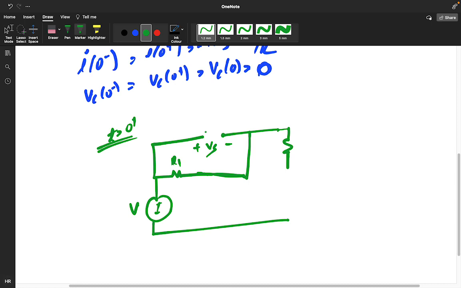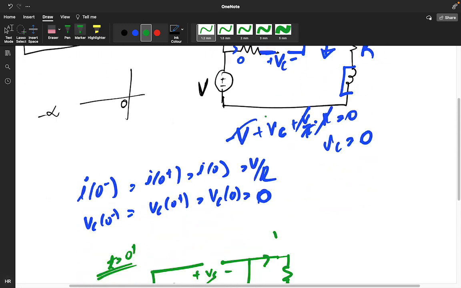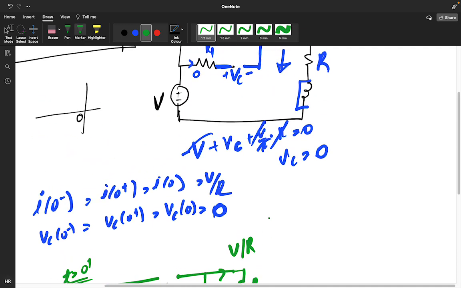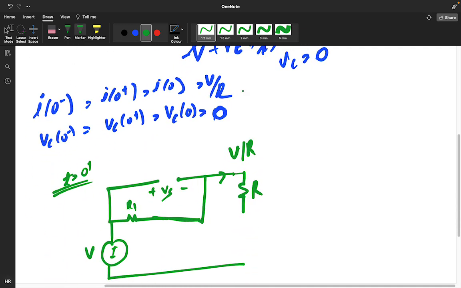At t equals 0+, my current is I equals V by R. Now what will the inductor voltage be at t equals 0+? V equals L di by dt.